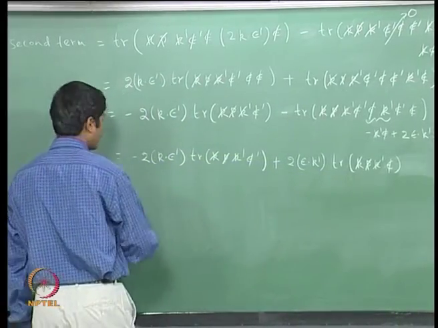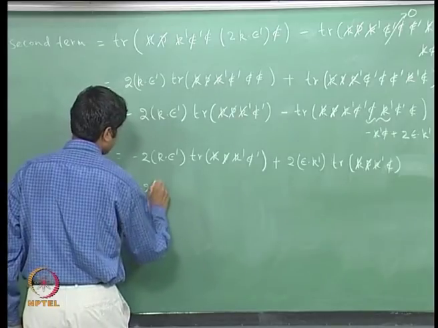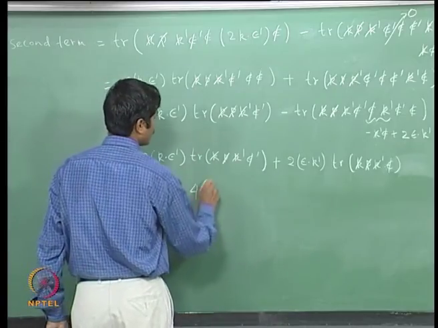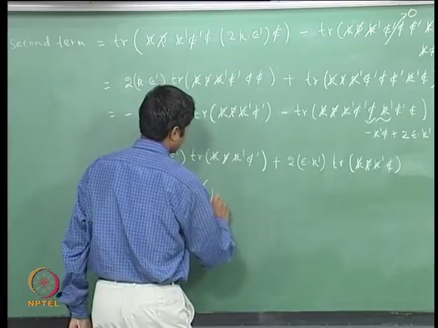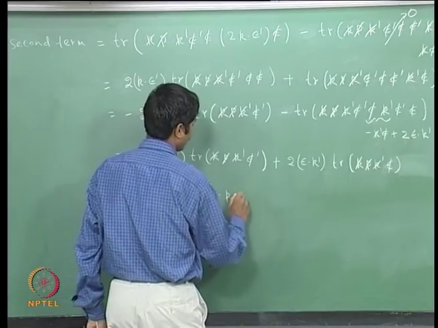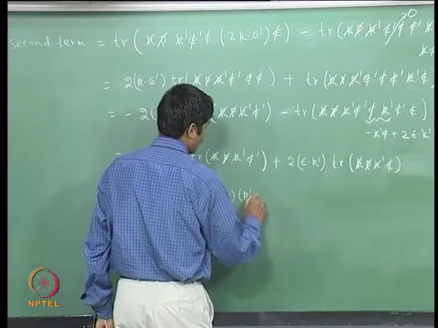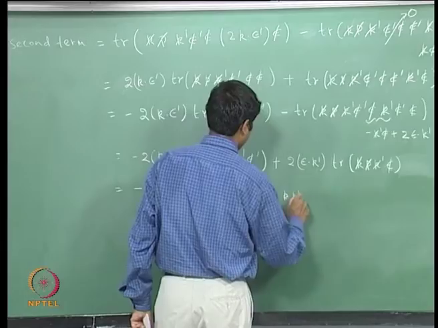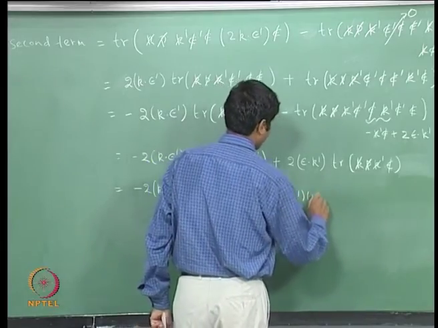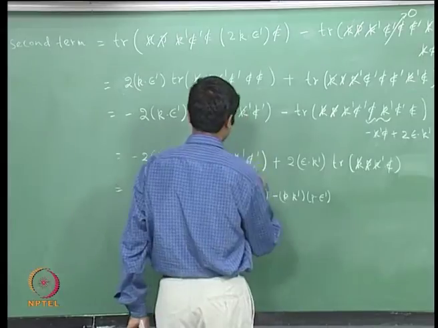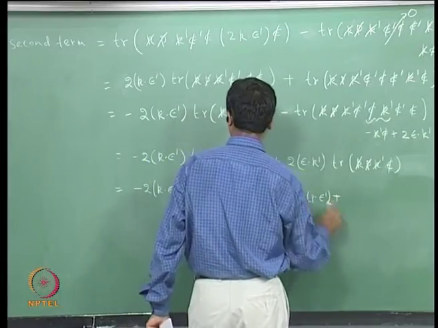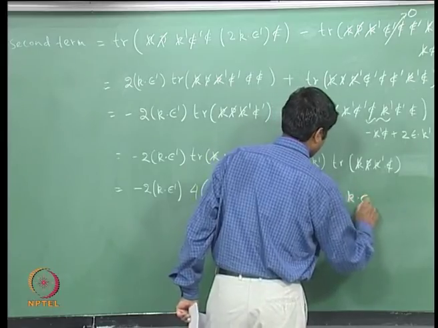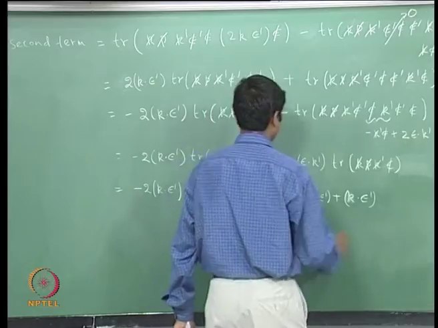Let us just write the answer for that: minus twice k dot epsilon prime times 4 times, this is k dot p, k prime dot epsilon prime, minus k dot k prime, p dot epsilon prime, plus k dot epsilon prime, p dot k prime.